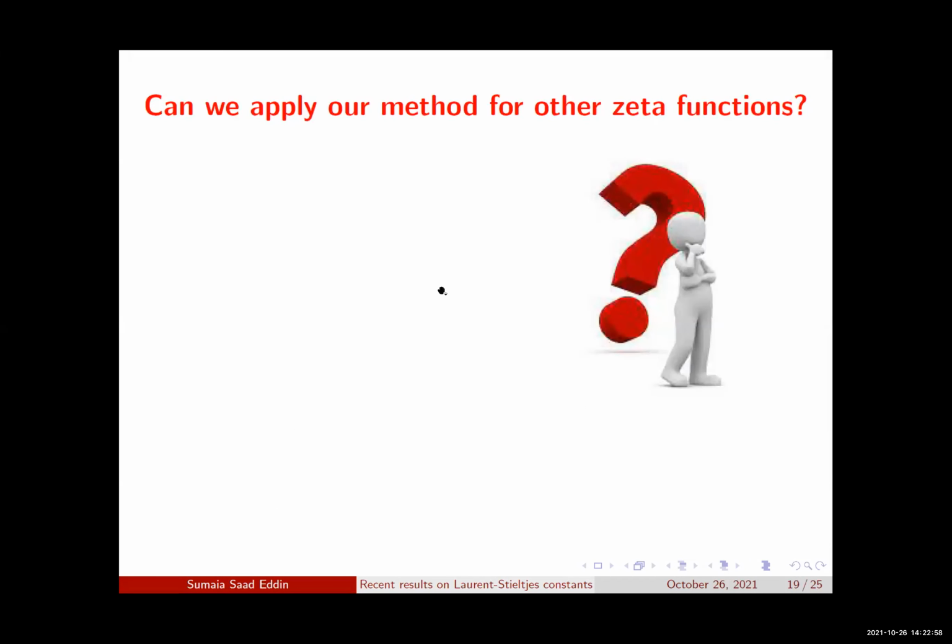The next question in my presentation is whether we can use the same method for other zeta functions. It's a natural question to ask to apply our method to another zeta function. My idea was to do that for the Dedekind zeta function, and it was a surprise to me when I found very little information about the Laurent-Stieltjes constants for the Dedekind zeta function.